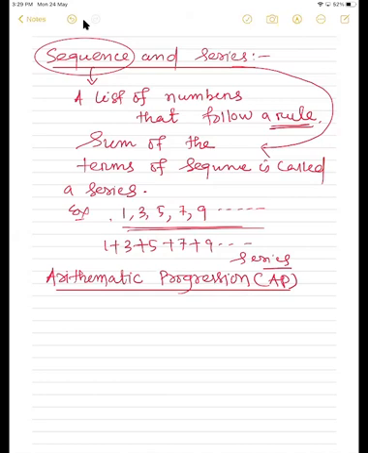See, 1, 3, 5, 7, 9. I am adding 2 each time: 1 plus 2, 3 plus 2, 5 plus 2, 7 plus 2, 9. Yes or no?